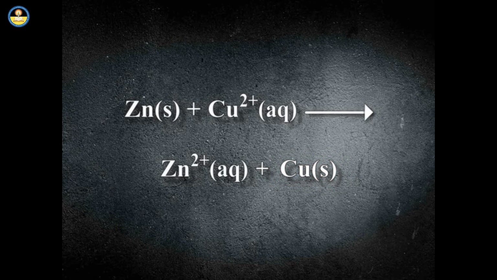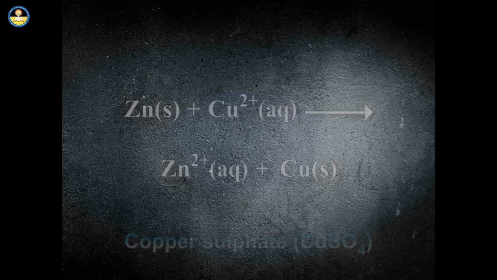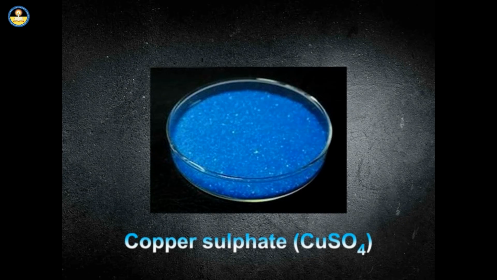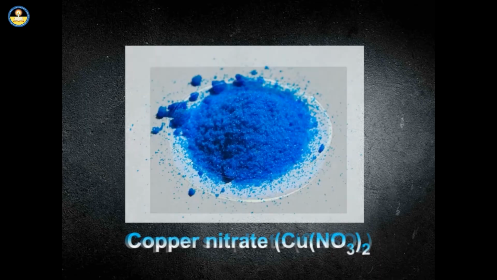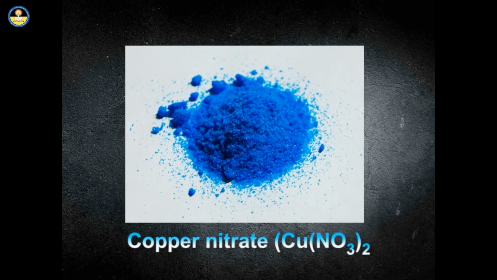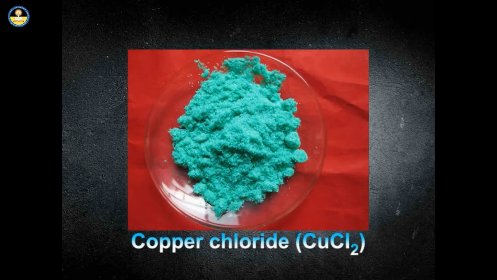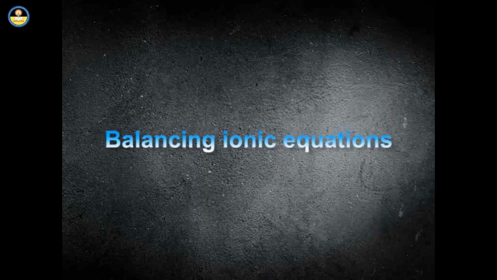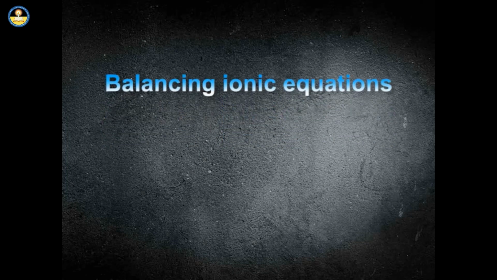The source of cupric ions, that is Cu²⁺ ions, can be any water-soluble salt of copper, like copper sulfate, CuSO₄, copper nitrate, Cu(NO₃)₂, copper chloride, CuCl₂, and so on. We will now discuss balancing ionic equations.